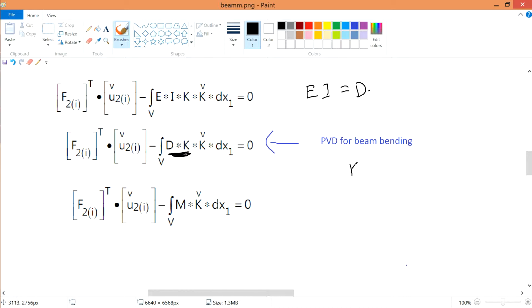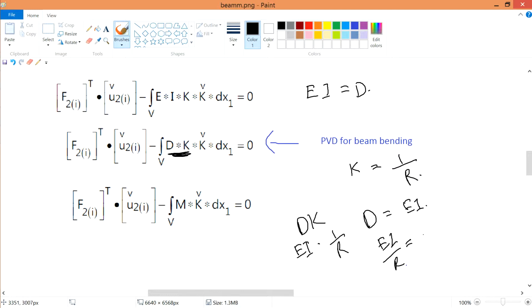We know that k is equal to what? k is equal to 1 over r, and D is equal to EI. So if I have Dk in this case, it means I am taking EI multiplied by 1 over r, since k is equal to 1 over r. So we have EI over r.